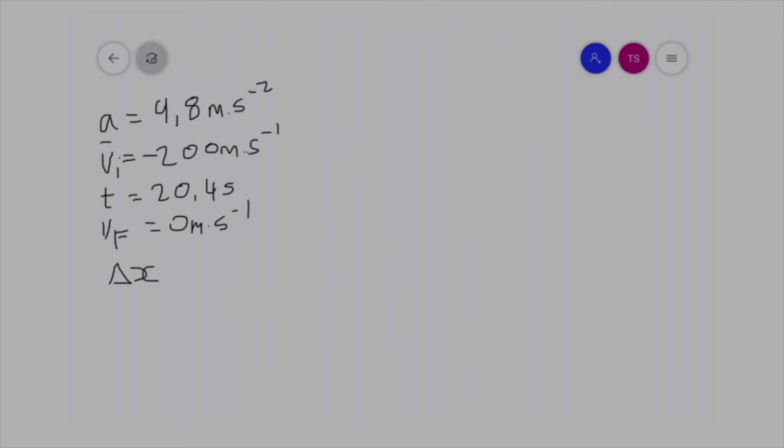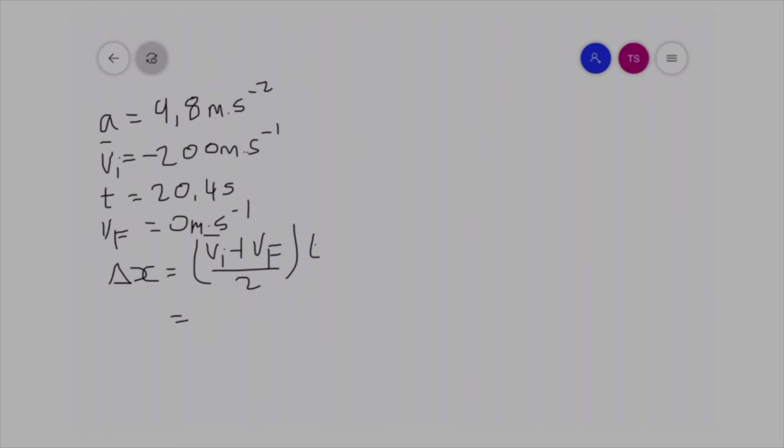A change in x equals initial velocity plus the final velocity over 2 times t, right?